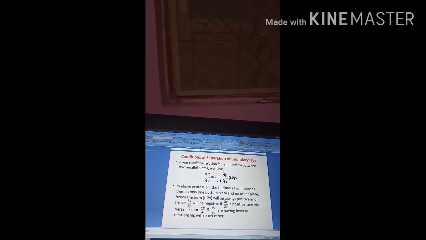So let us study these conditions of separation of the boundary layer. From the laminar flow between two parallel plates we have seen one expression: del u by del y is equal to minus 1 by 2 mu, del p by del x, into (t minus 2y). Just in brief, I will tell you that del p by del x and del u by del y have a relation with each other.